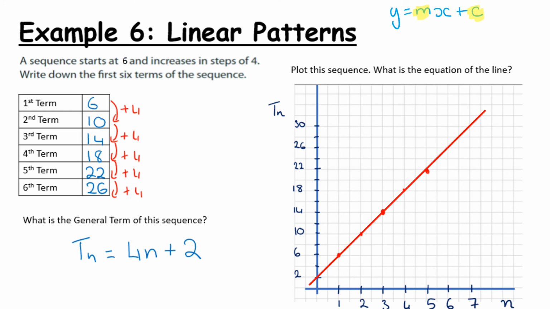Now, if you've not already revised the line, go and do that first. This will make a lot more sense. So c, the constant, is here, where the line crosses the y-axis, and that is 2. So this is going to end in plus 2.